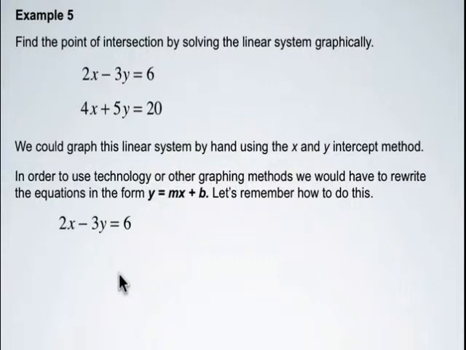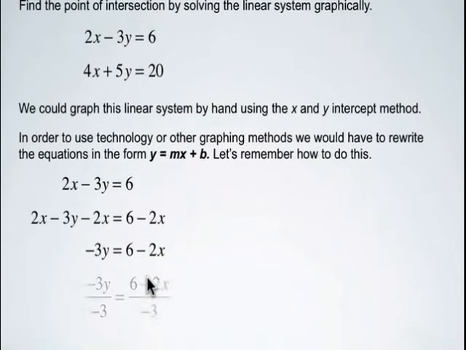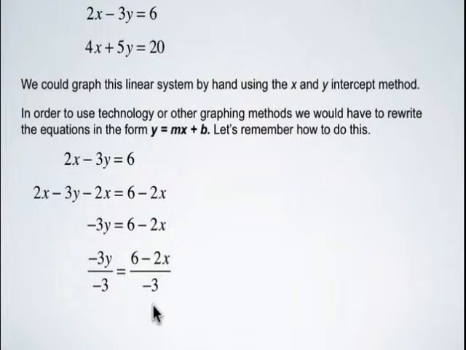So for the first equation, what we're going to do is subtract 2x from both sides to eliminate the 2x from the left-hand side. And we get -3y equals 6 minus 2x. Next, what we're going to do is divide both sides by -3, and the negatives are going to cancel out for the coefficient of x, so -2 over -3 is +2 over +3x, and 6 divided by -3 is -2.